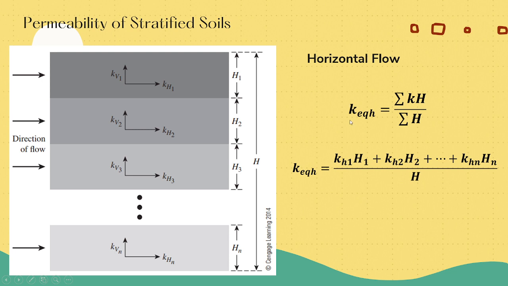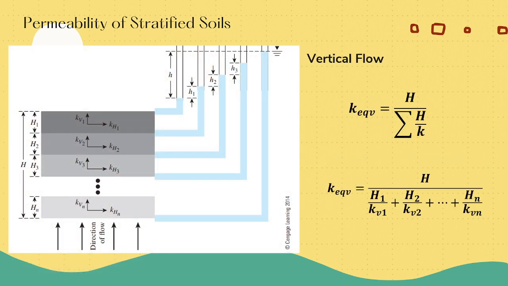So to get the equivalent horizontal hydraulic conductivity, this is the summation of the individual hydraulic conductivities of the soil times their respective height, all over the summation of the heights or thickness. Just use this formula: KH1 times H1 plus KH2 times H2, and so on, all over the total H. So that is the equivalent hydraulic conductivity for horizontal flow.